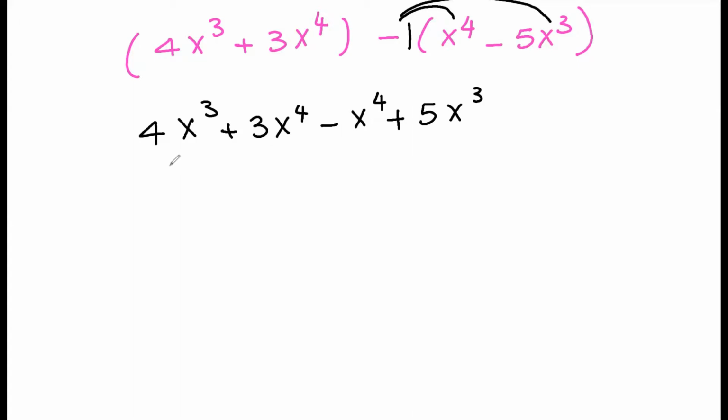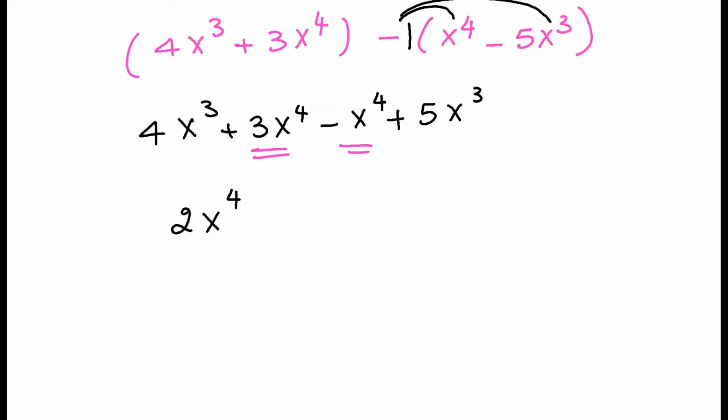So now we go ahead and do the same thing. We combine like terms. So you start with the highest exponent of the variable. So I have 3x to the 4th power and negative x to the 4th power. So I'm going to combine plus 3x to the power of 4 minus x to the power of 4, which is going to be 2x to the 4th power.